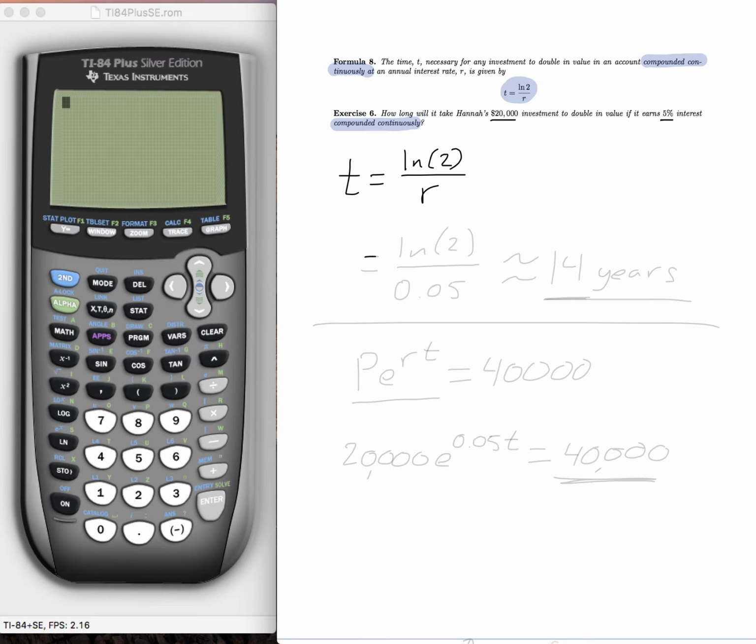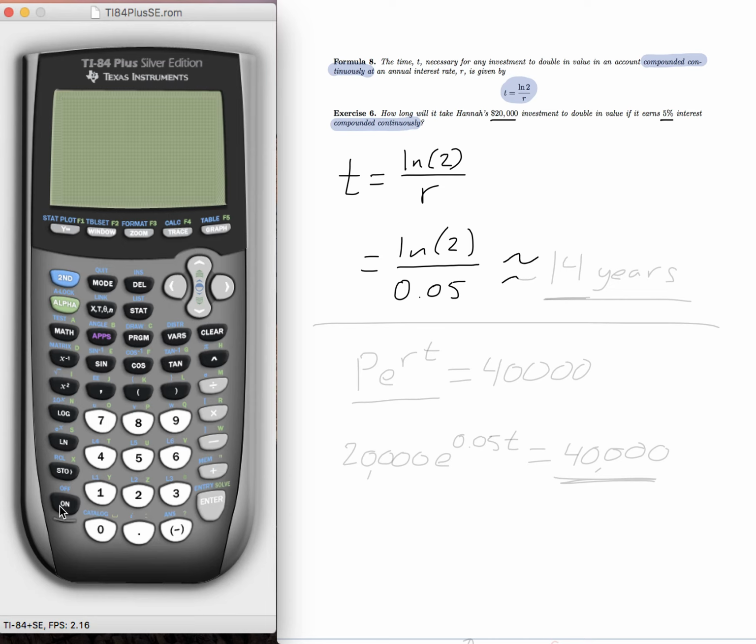So we can just plug in r. ln of 2 divided by r, and again, always use that decimal version, 0.05. We'll throw that in the calculator. The natural log of 2, closing parentheses, divided by 0.05 is about 14 years.